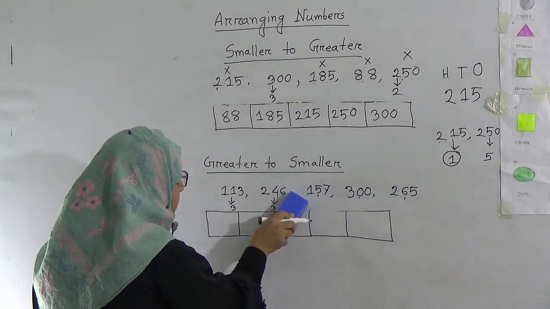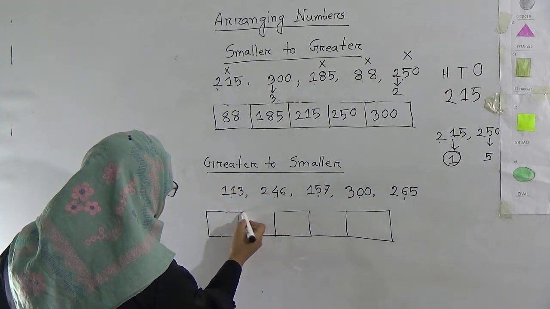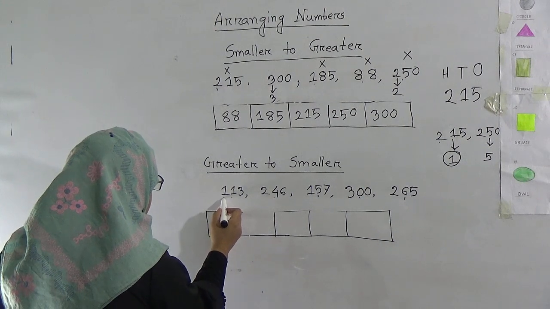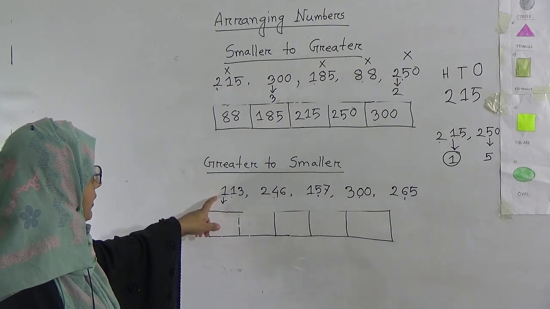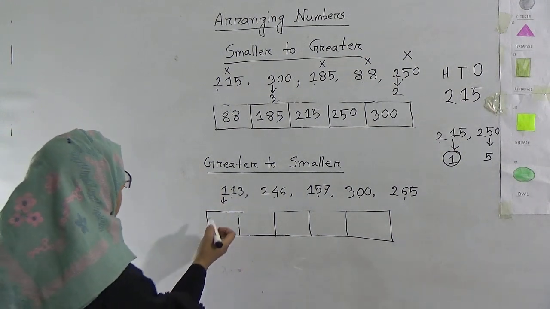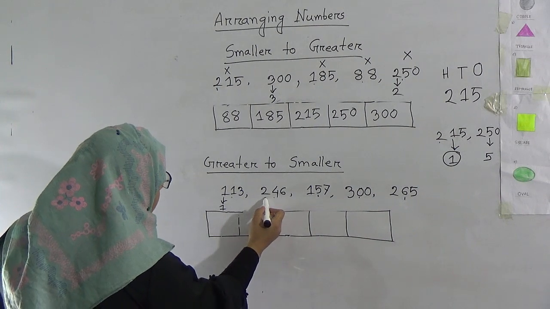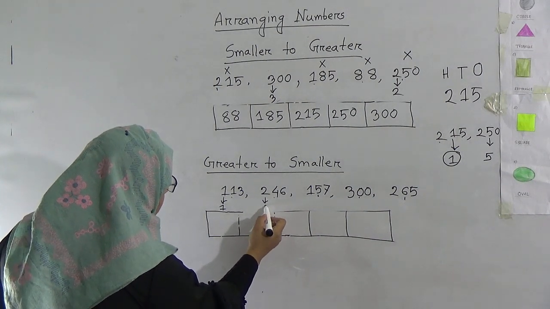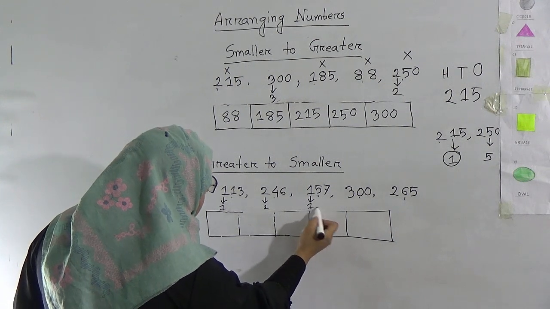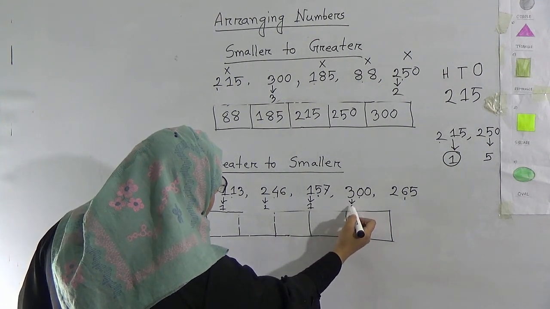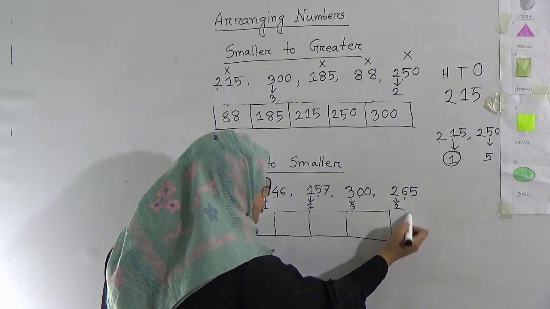Now observe the digits in the 100 place. In 113, the 100 place number is 1, and the digit in 246 is 2, in 157 is 1, in 300 is 3, and in 265 is 2.